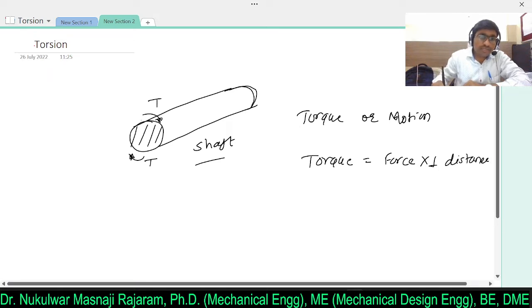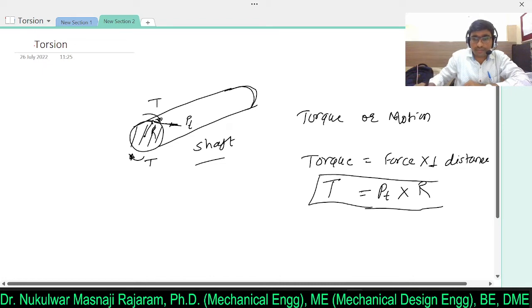So in this case, if you observe, when you apply a tangential force, that will be the tangential force into the radius from this point to the center. So this is nothing but radius r. If you multiply tangential force into radius, then we will get the torque.